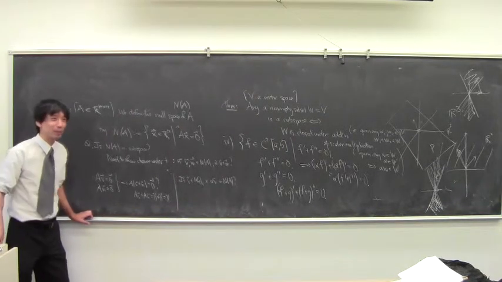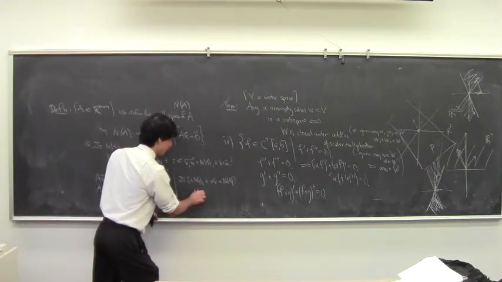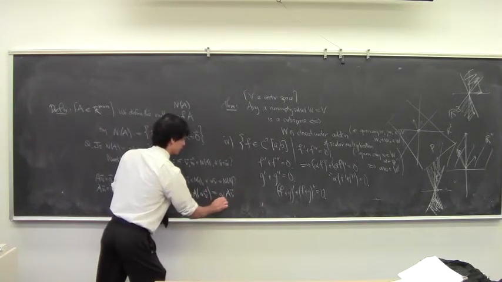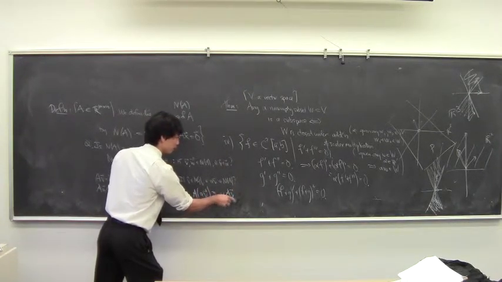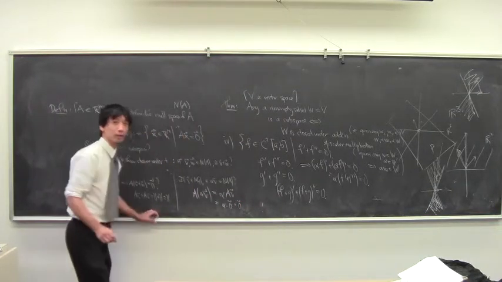Yes, you all should be more confident about this. A of alpha V is the same thing as alpha AV. V is in the null space, so this is alpha times A V, which is 0 vector, so you get the 0 vector.